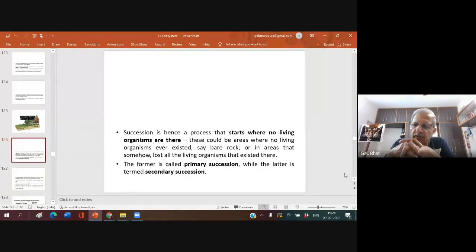Whenever we say change in species, the question is whether that particular habitat was barren without any species right from the beginning, or whether it had some species that got removed for one reason or another, and new species started appearing.